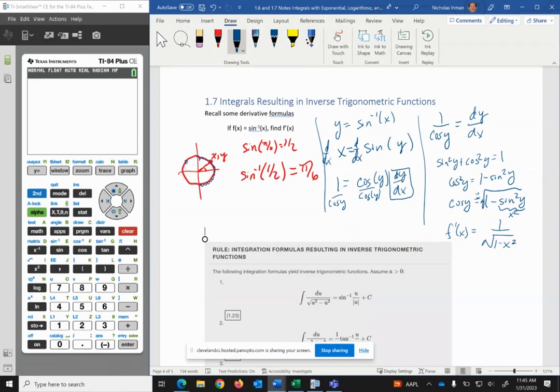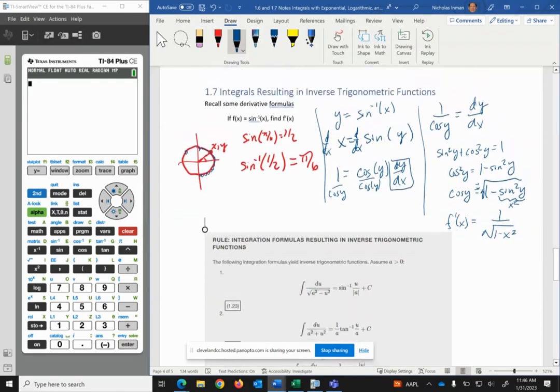And we don't need the negative version, seeing as the sine inverse function can only be from negative pi over 2 to pi over 2. It kind of just restricts that, so we just really have to worry about the positive side. And there we go. That's our sine inverse function derivative.